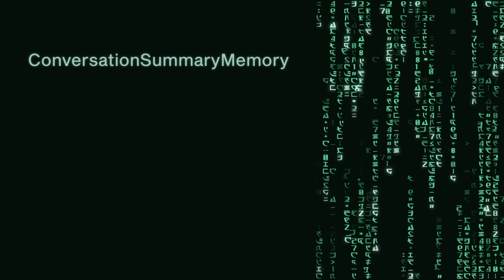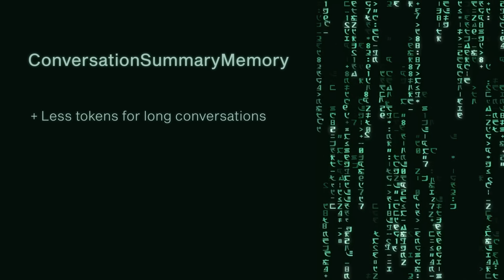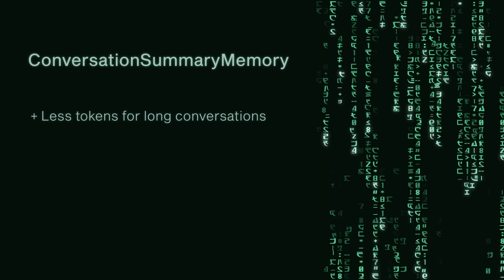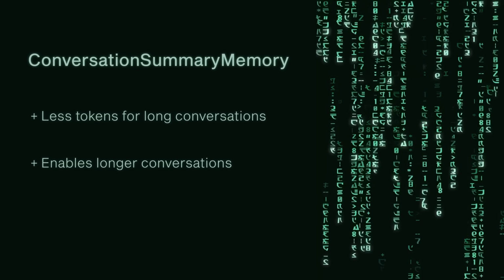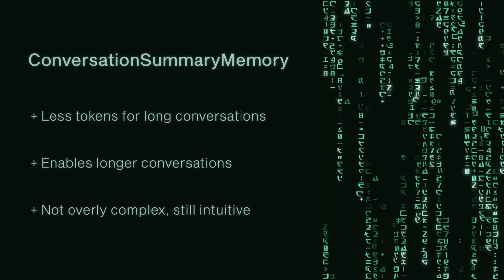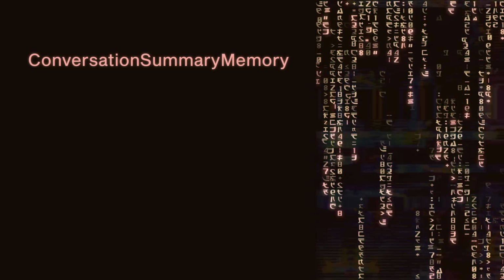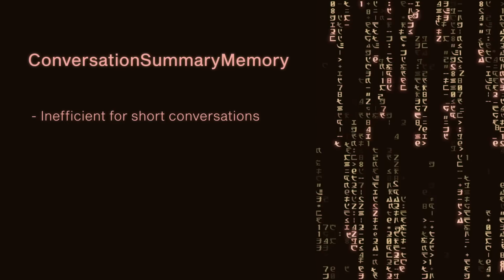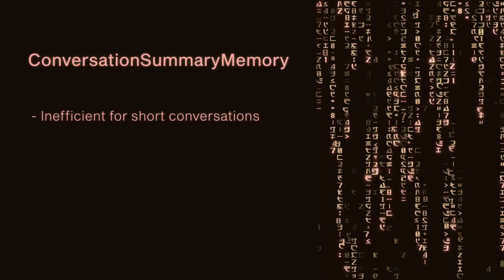So I think we can summarize the pros and cons here. For summary memory, it shortens the number of tokens for long conversations, also enables much longer conversations, and it's still a relatively straightforward implementation, super easy to understand. But on the cons, naturally, for shorter conversations, it doesn't help at all. It's actually less efficient.